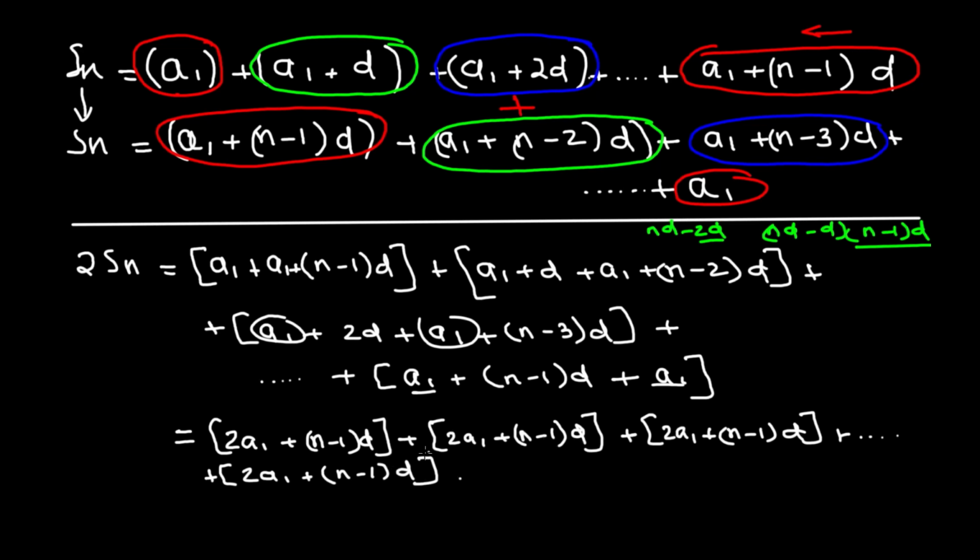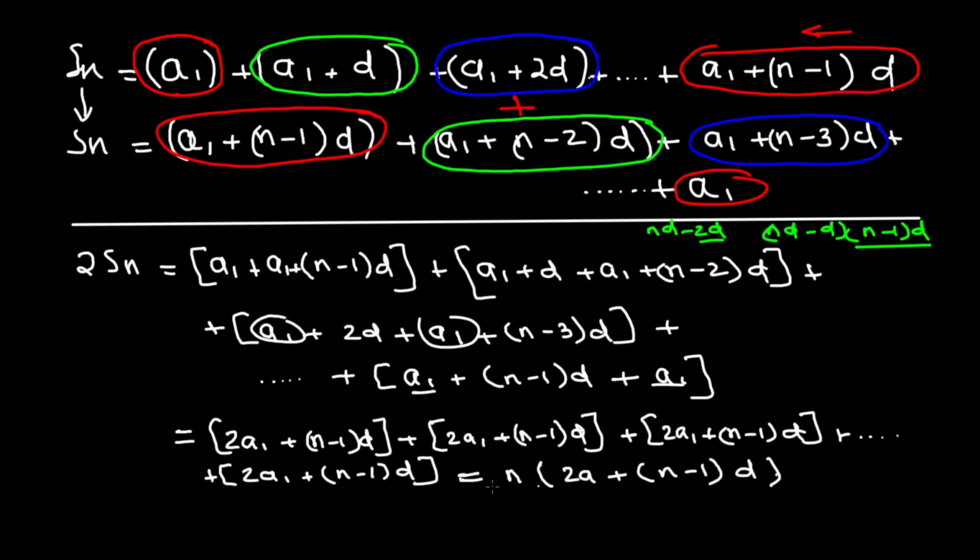Right? So now if we were to count all these terms, if you remember in our previous issue, we found out that this was actually n terms, meaning that we can multiply by n and then have 2a plus n minus 1 d.